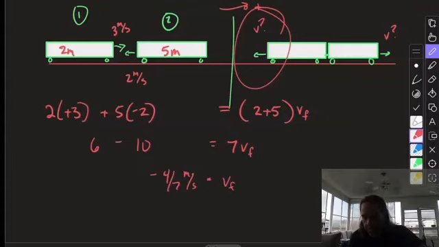Now, you need to be careful because I don't think we're looking at this as on the exam. I think we see questions more like this on the exam.